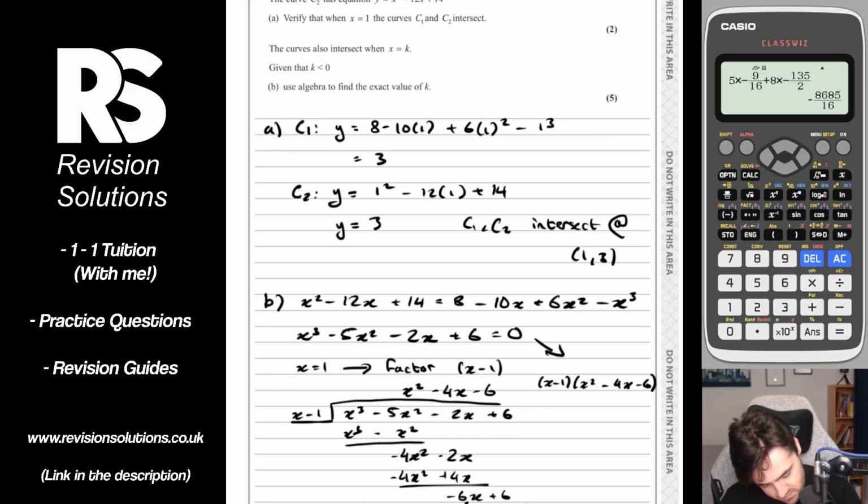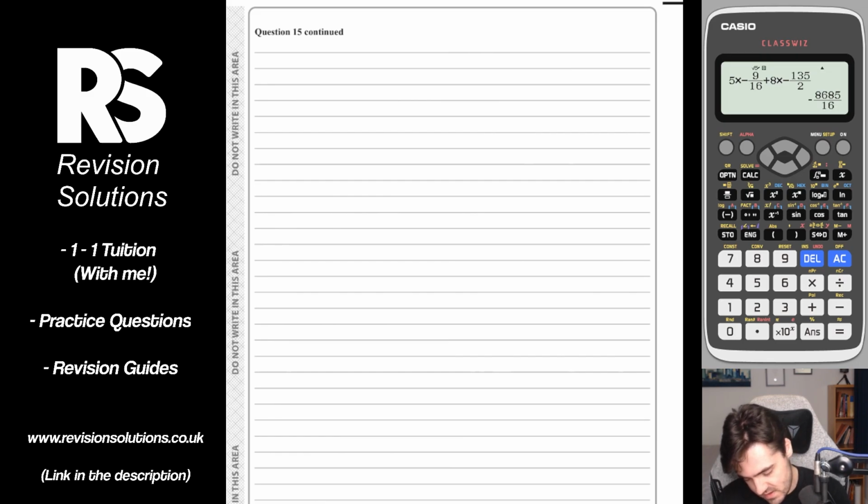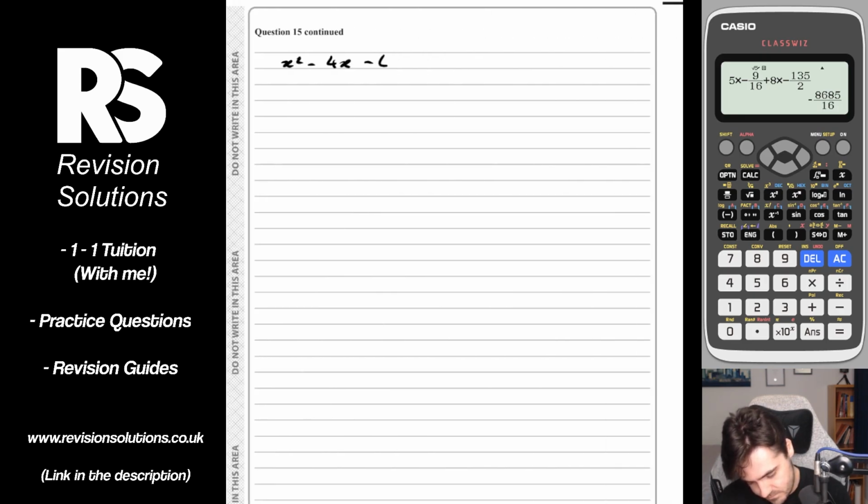And to find the solutions of that, we're going to need to solve that quadratic. So let's bring that over here. We had x squared minus 4x minus 6. And if we want the roots, like the solutions to our cubic, we're going to set that to 0.